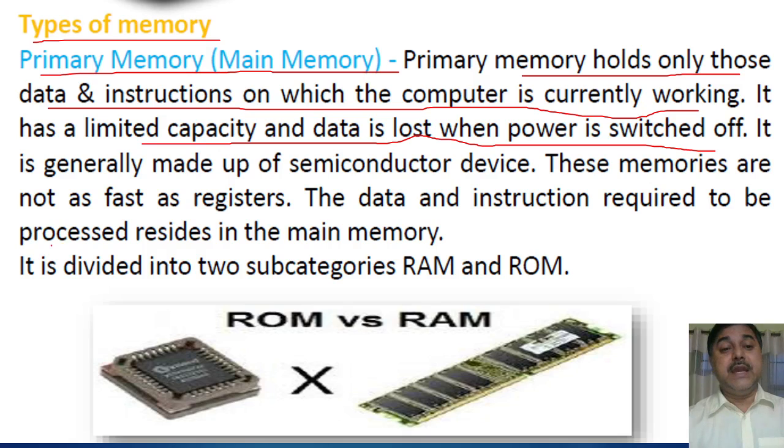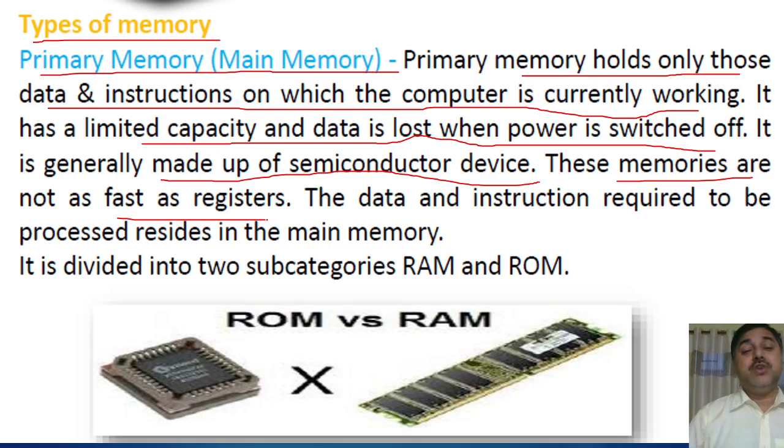This device is called a semiconductor device, and this memory is not as fast as a register. The data and instructions that we use, we give instructions to the data, and the data and instructions are required to be processed.